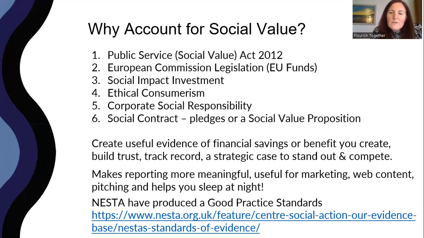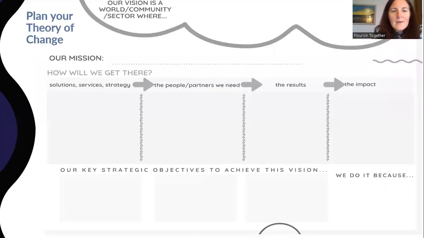It's got about 5 levels, and there are some commissioners and funders now that have these expectations around what you should be evidence gathering, starting from very basic stuff right through to full on high quality social impact and value reports, and everything in between. You can get a flavour of that by having a look on their website at their standards of evidence. Something to have a think about.